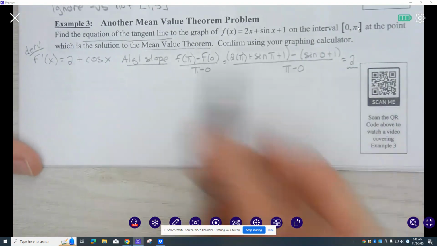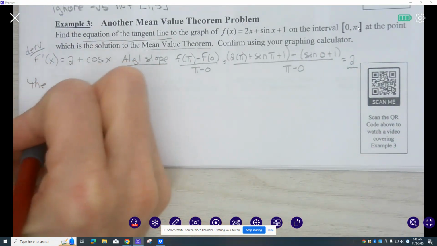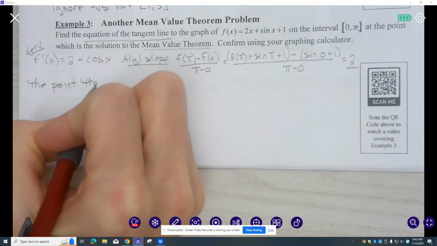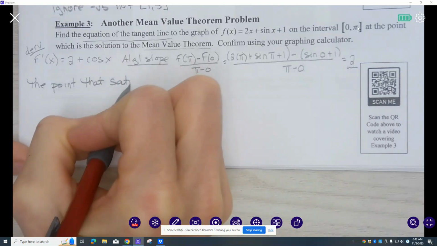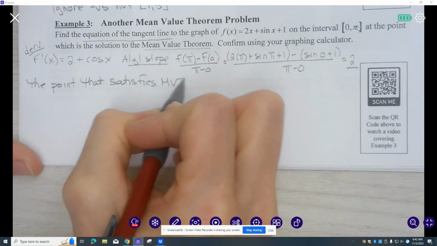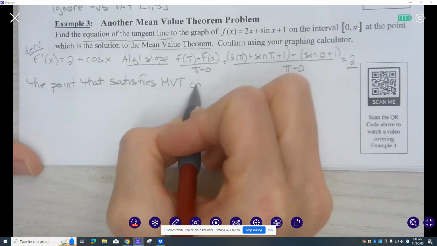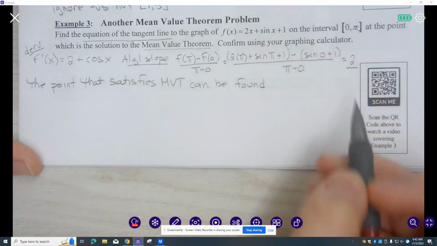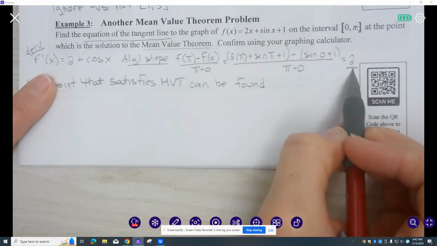Okay, so the point that satisfies MVT can be found by setting algebra 1 slope equal to derivative.